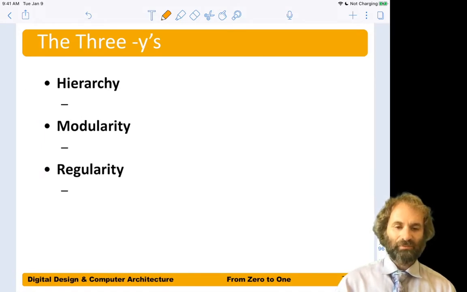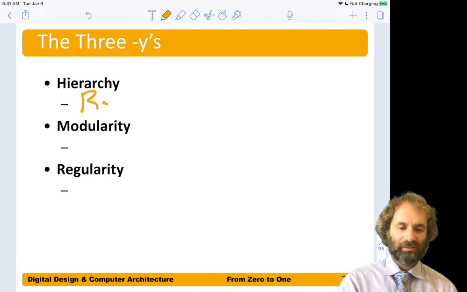Another technique for managing complexity is the 3 Ys: hierarchy, modularity, and regularity. So hierarchy is recursively decomposing a complex system into subsystems.